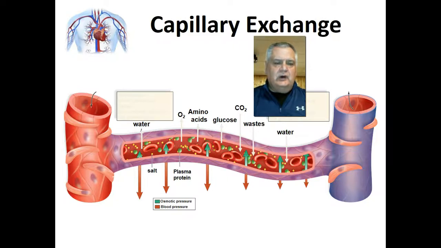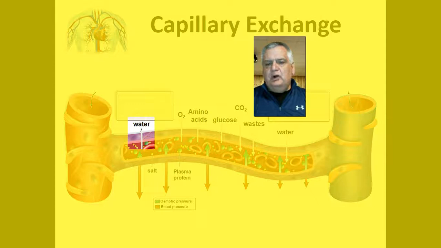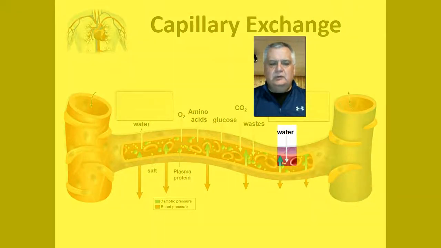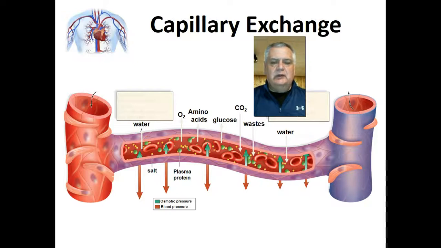So on the arterial side, because of the high blood pressure, water is going to squirt out. As we move across the capillary bed, blood pressure is going to drop, osmotic pressure is going to increase, and water is going to be recovered. As you take a look at the arrows, you can see the white arrow for water is moving out of the capillary bed on the arterial side and into the capillary bed on the venous side.